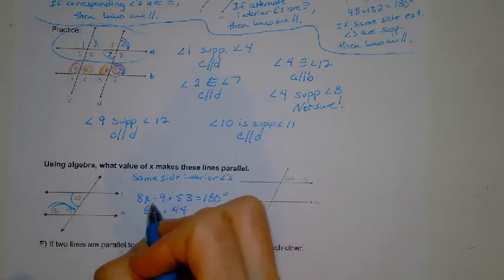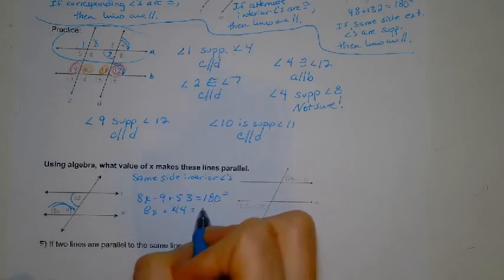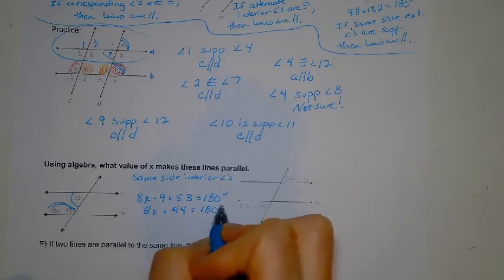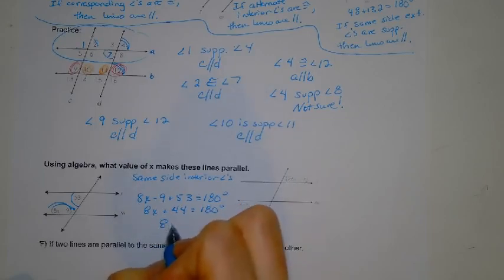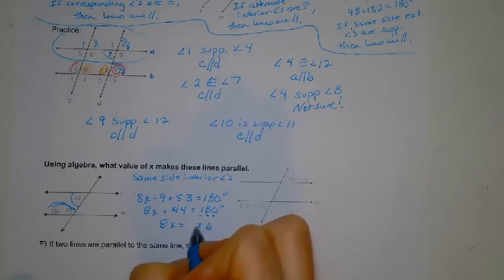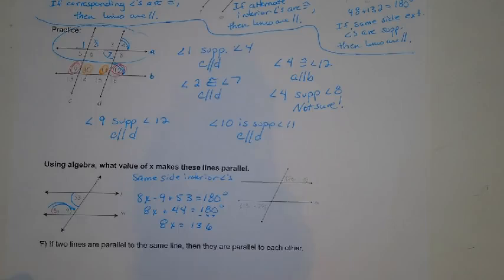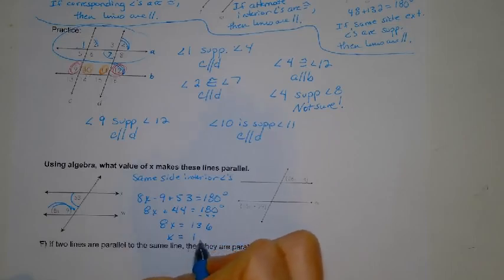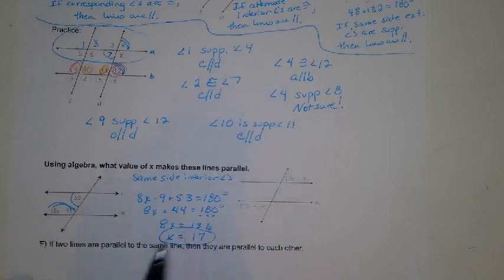Now I subtract 44 from both sides, and we get 136. Then we divide both sides by 8, and we get x equals 17. So in order for these two lines to be parallel, these two need to be supplementary. So x would have to be 17.